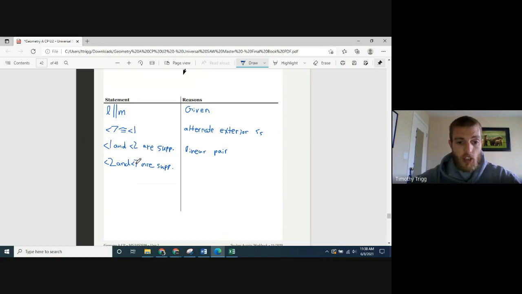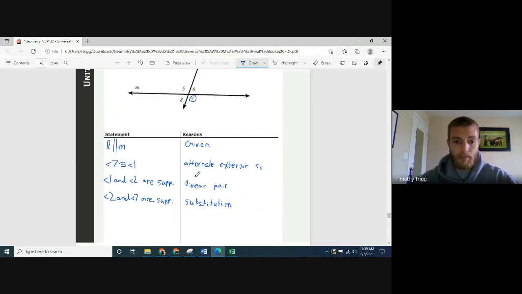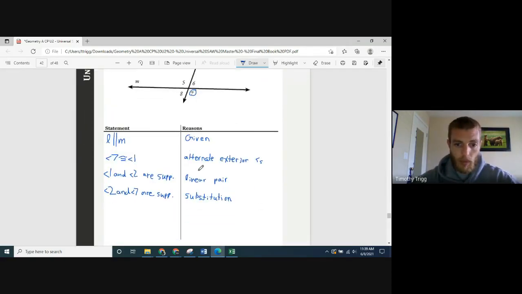So that means 7 and 2 are supplementary because 7 and 1 have the same measurement, right? So I could just replace this angle 1 with an angle 7 and they would be supplementary as well. So this is really because of substitution. Whenever you replace one thing with another thing when they're equal, we call that substitution. All right?